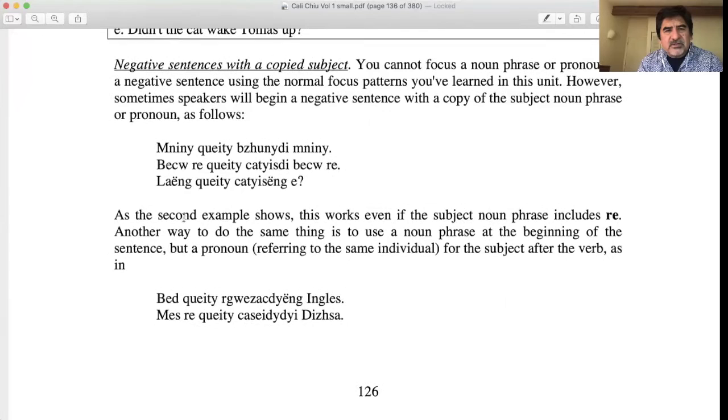So the next one as well says, Lang, isn't he jumping? So he is the copy subject. Remember that whenever we use he with the verb, we need to use a bound pronoun.